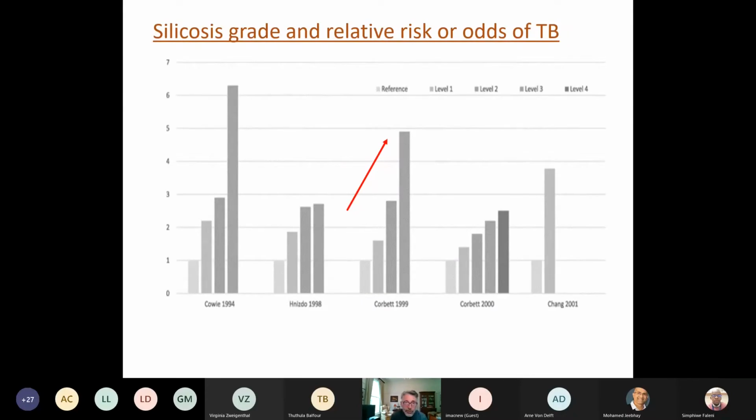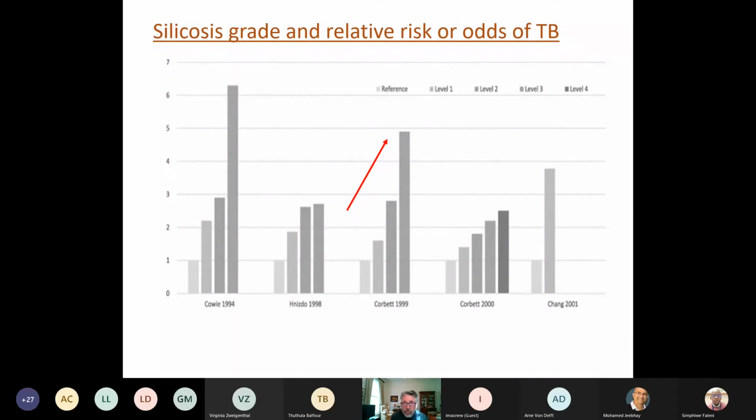Because silicosis can be graded on an ordinal scale from absent, mild, moderate, and severe, it can't really be handled by ordinary methods of meta-analysis, and so I'm presenting it graphically. This shows the same metric, silicosis grade, and because the languages differed a bit, some used an international classification, yet some used mild, moderate, severe, they can be aligned.